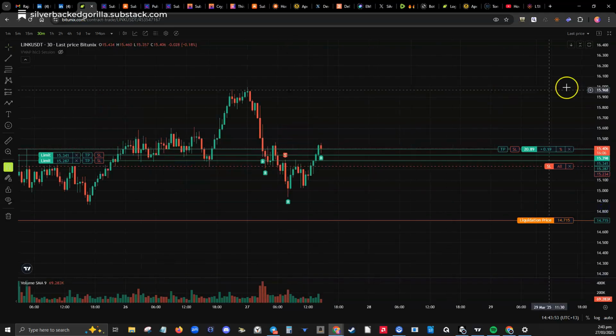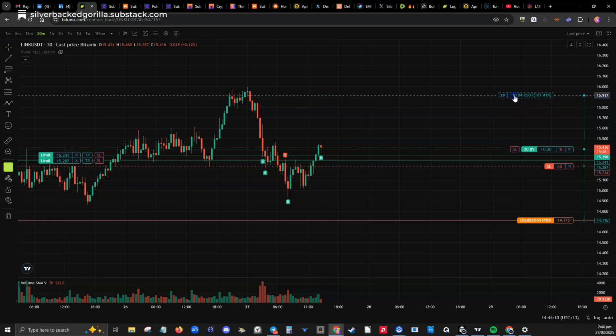Straight away, this is an easy one because I can see the previous highs there. You can basically set it up. Now you can see where my mouse is, and the actual dollar amount and percentage amount is going up. Because I'm at 10x leverage, setting it up there would be about $70 worth of profit. That's quite a lot.